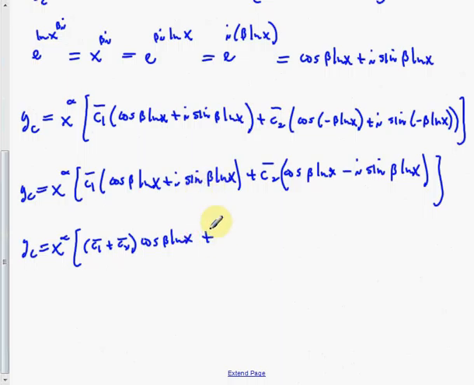Plus, get the sines together, this would be parentheses c sub 1 hat times i, and then minus c sub 2 hat i, times sine of beta natural log of x.